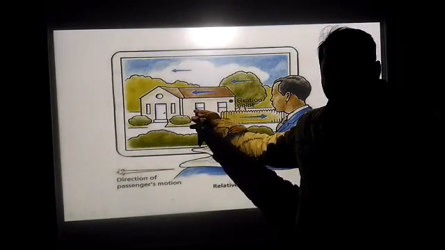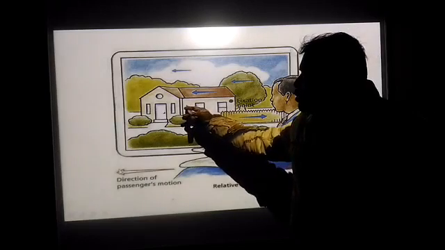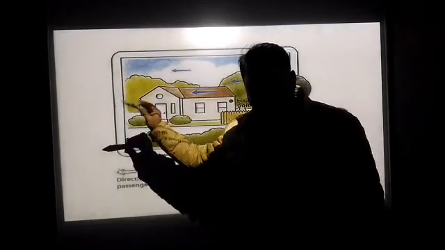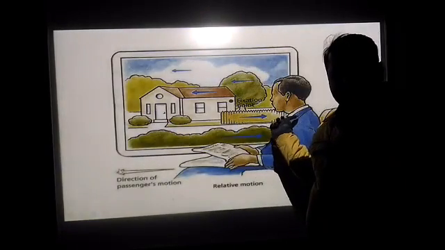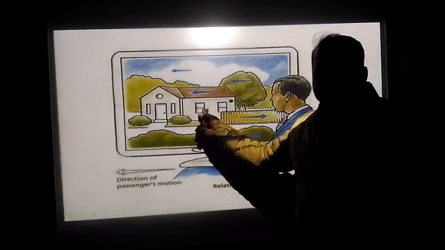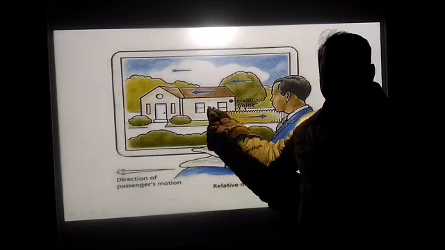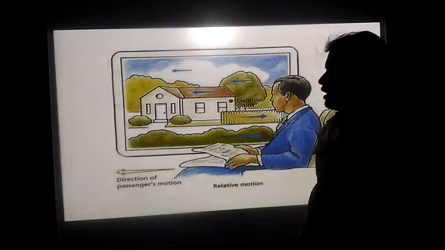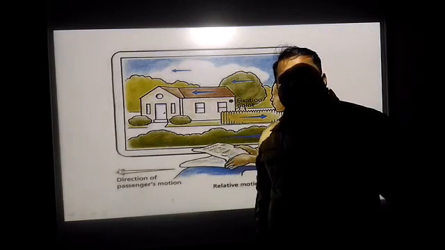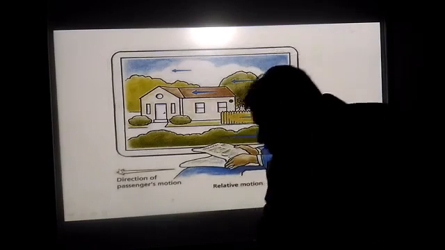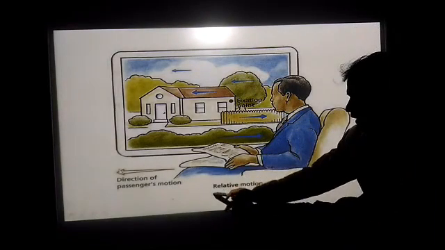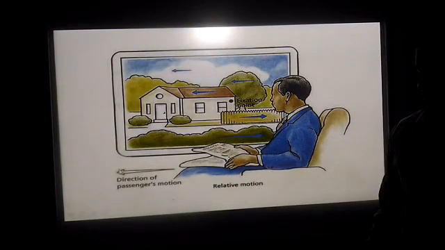A house outside the train will appear to move in the backward direction because the person is moving in the forward direction. The person sitting in the train can say that the house is moving backward. That means the house is in motion, but actually it is not. So how is it possible? They are doing a kind of relative motion. It is in the direction of the passenger's motion, and it's a great example of relative motion.